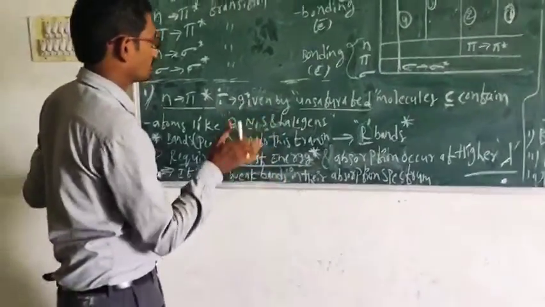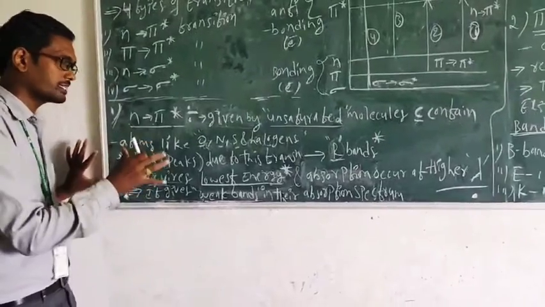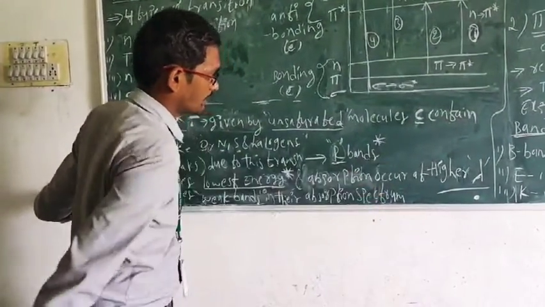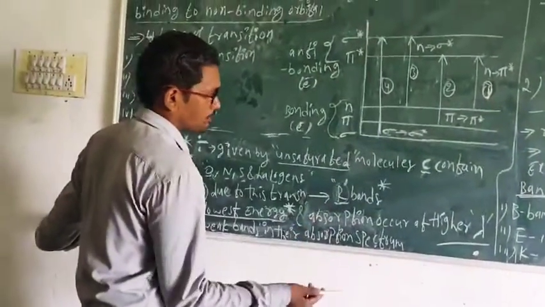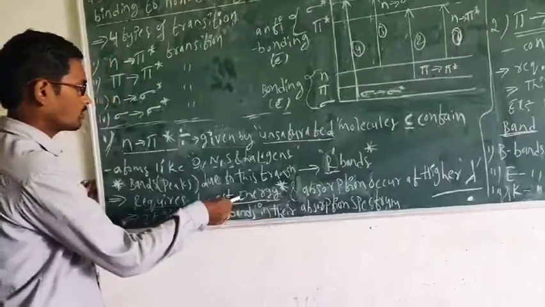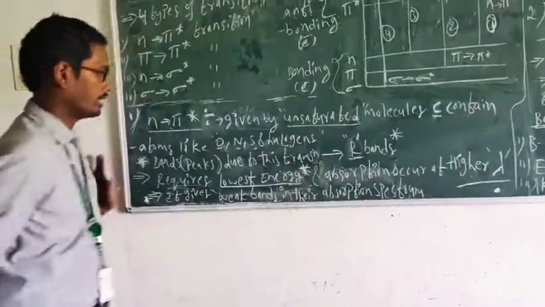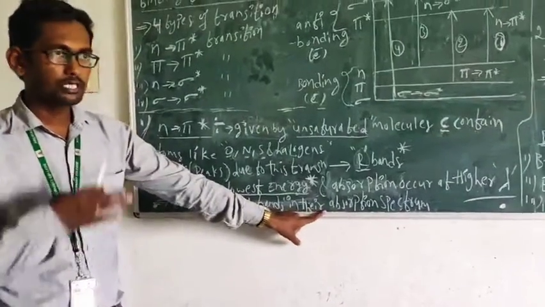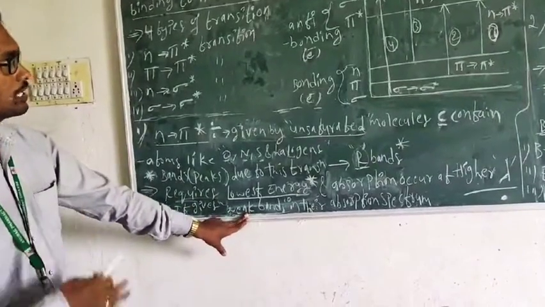I told you that among the 4 transitions, the n to pi star transition requires the lowest energy, and absorption occurs at higher wavelength. As I told you in the introduction, energy is inversely proportional to wavelength. As the energy is low, the wavelength will be high. That's why absorption occurs at higher wavelength. It gives weak bands in the absorption spectrum.